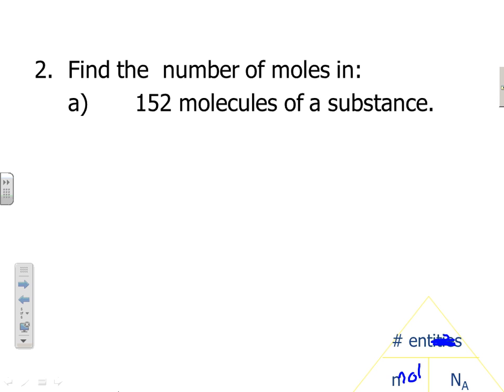All right? Find the number of moles. Moles equals entities divided by NA, my big number.